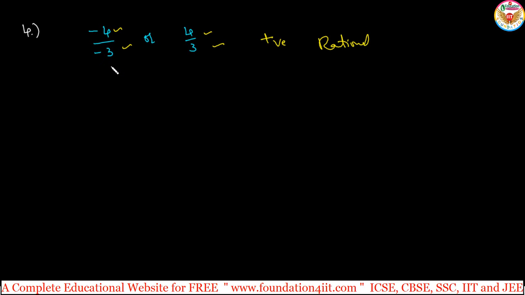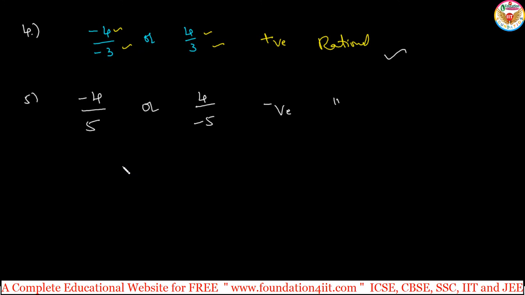When one is negative and one is positive, then it's a negative rational number. Numerator is negative but denominator is positive, or numerator is positive and denominator is negative, it is a negative rational number. Because minus divided by minus is plus. You'll see that in the next class also. So both positive or both negative, it is a positive rational number.